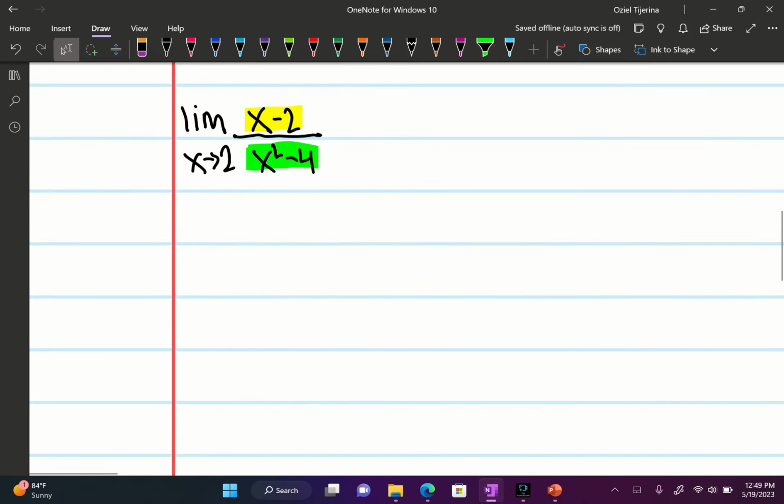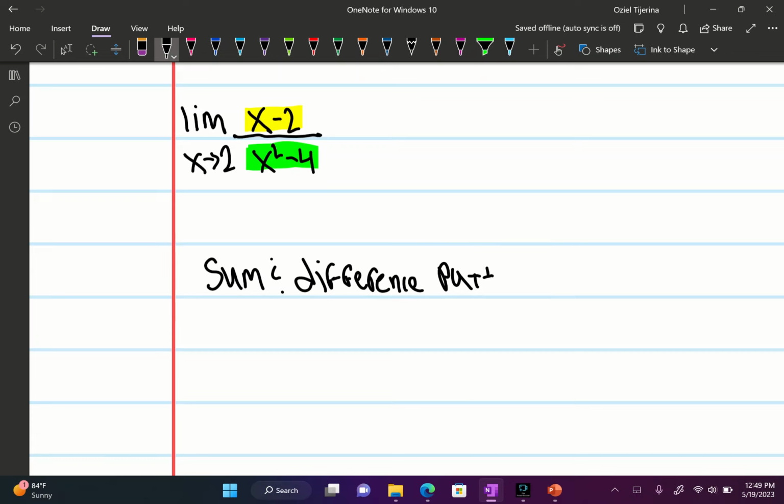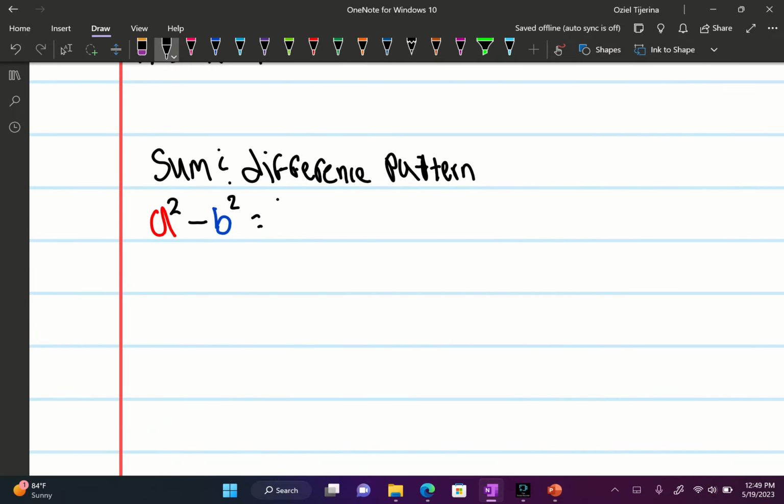The sum and difference pattern is really going to be, and it goes like this: a squared minus b squared is equal to the quantity a plus b times a minus b, right?